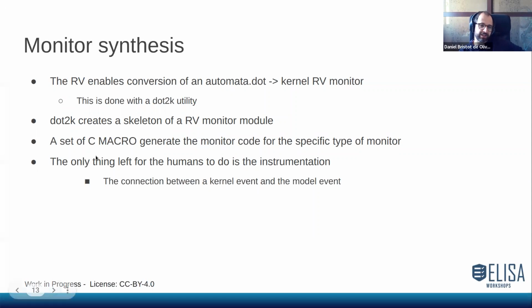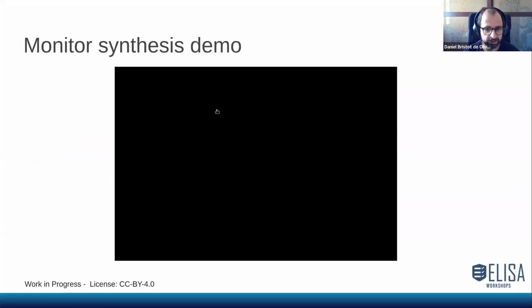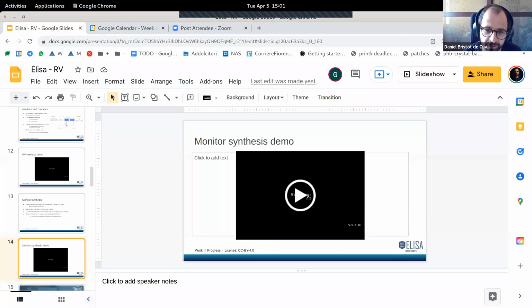And the only thing left for the developer to do, given an automata monitor, is the instrumentation part, which is saying, I would like to connect this kernel event to this automata event. But there is also a demo video here.